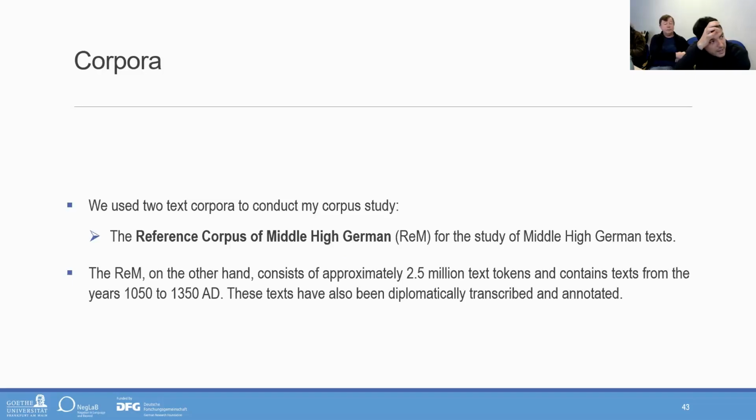For this part of the corpus study, we have used the Reference Corpus of Middle High German. It's a corpus with over 2 million tokens, and includes many texts from the Middle High German period. And most of them are already annotated.